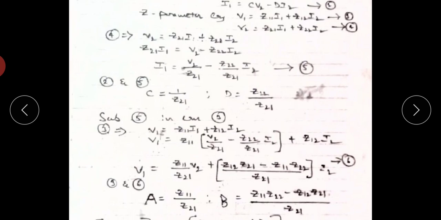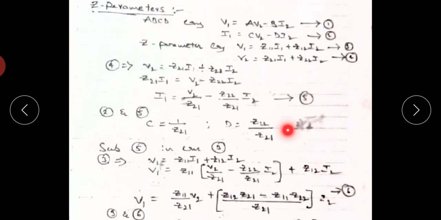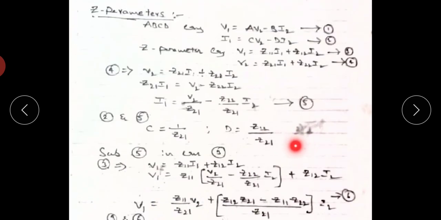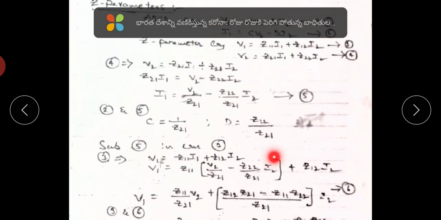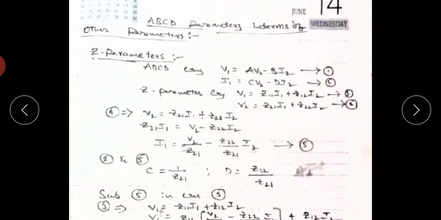So now, by comparing equations 1 and 6, we can write A and B. The V2 coefficient is A, and the I2 coefficient is B. So A equals the V2 coefficient, Z11 by Z21.